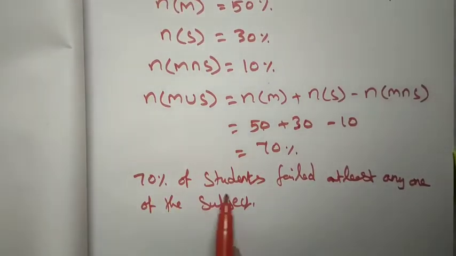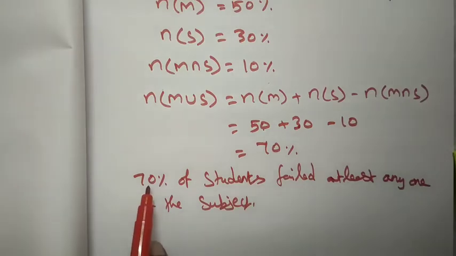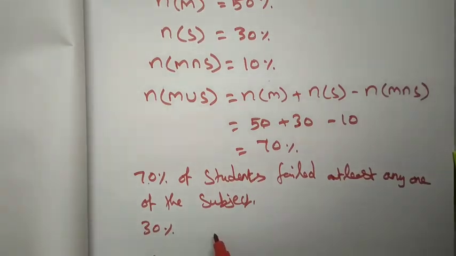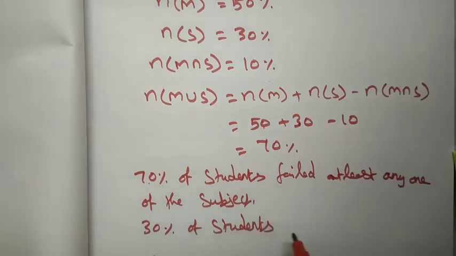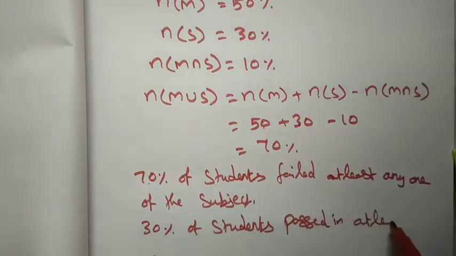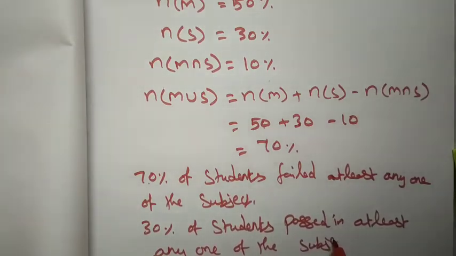So 70% they have failed in any one of the subjects, then what is the passing percentage? 100 minus 70. So the passing percentage is 30% of students passed in at least any one of the subjects, right?